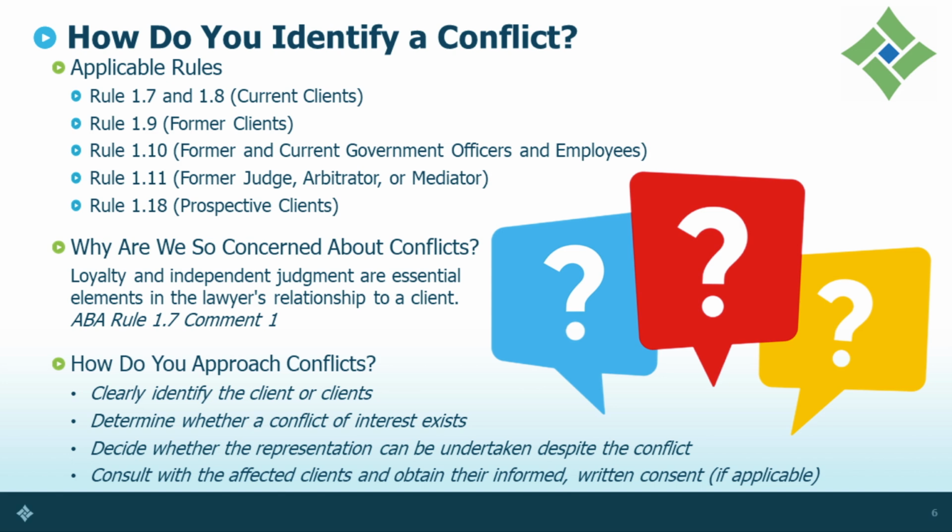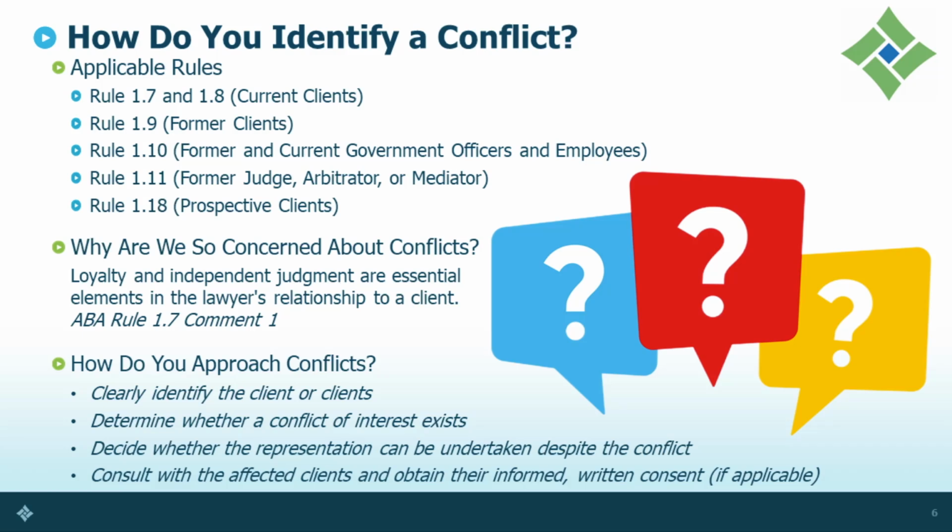The first stop for any conflict analysis in your jurisdiction is the rules of professional conduct that have been adopted by your jurisdiction. All of the states and the District of Columbia have adopted the ABA model rules of professional conduct. But as I mentioned, it's very important to check for any variations in your state or your jurisdiction's rules.